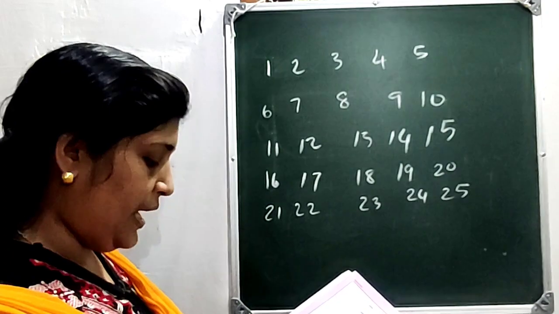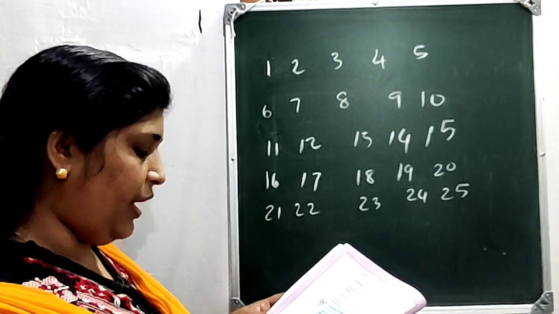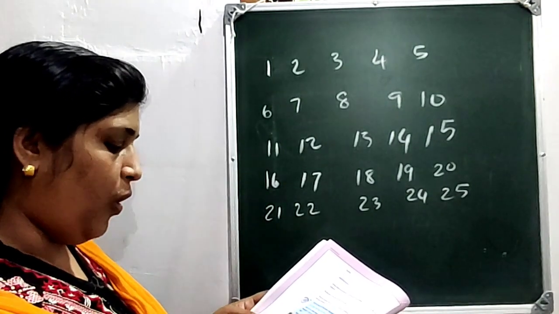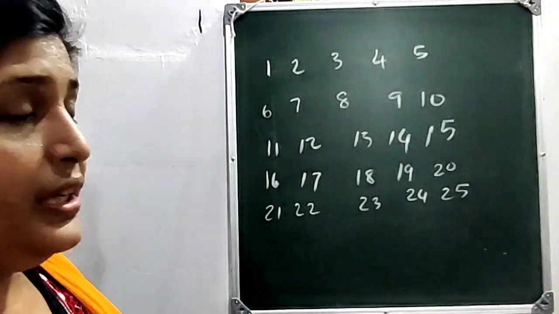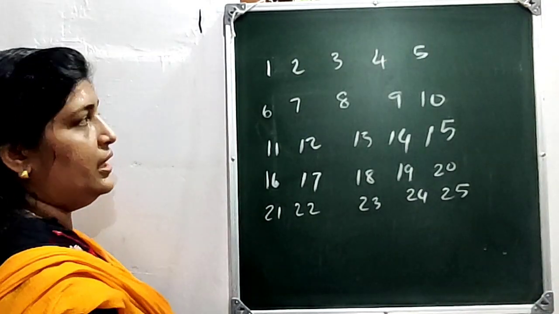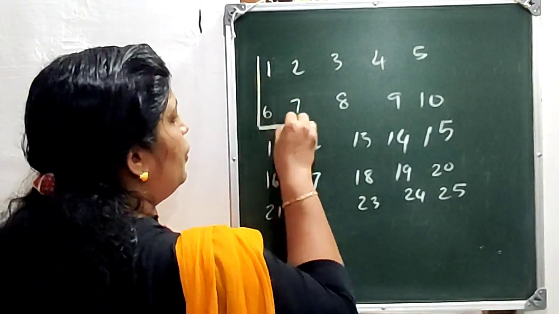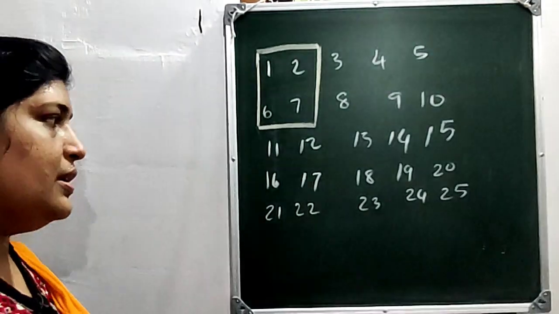Then first question: as in the calendar, mark 4 numbers in a square and find the difference of the diagonal products. Is it the same for all squares of 4 numbers? As we did in the calendar problem, here I am going to draw a square of 4 numbers. This one is a square of 4 numbers.